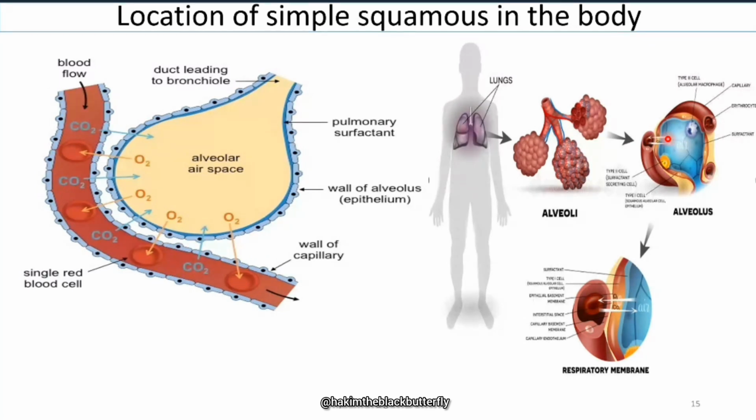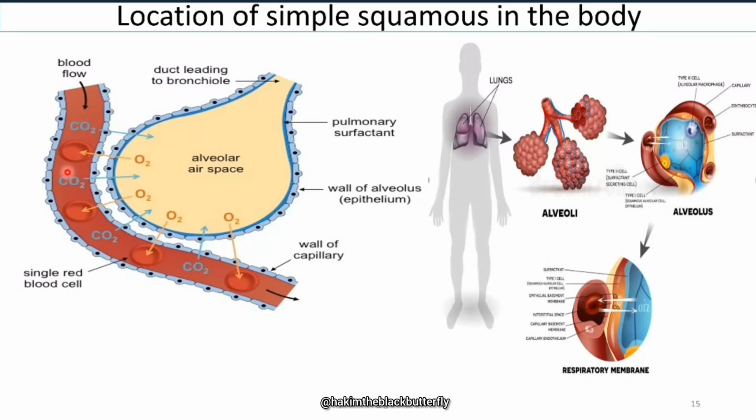When you take in the oxygen, it goes into your respiratory tract down towards the air sacs, and it's going to move from the air sacs smoothly into the blood vessels by diffusion without any difficulty.